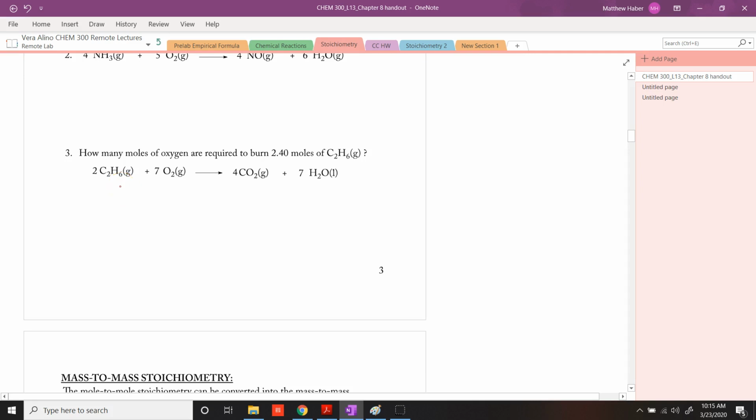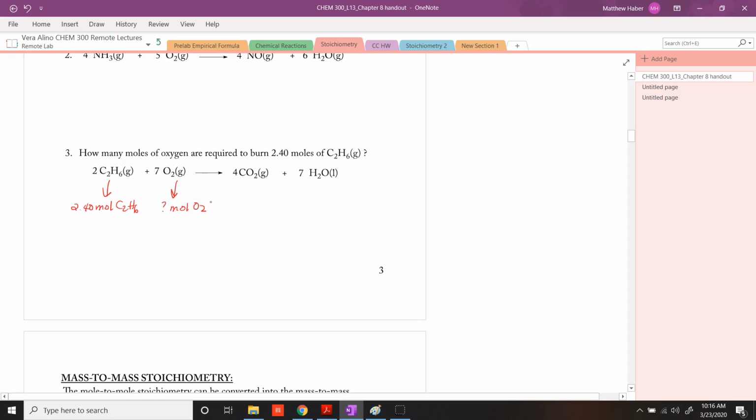It will form carbon dioxide and water. So the question states, how many moles of oxygen are required in order to burn 2.4 moles of the fuel? So you have the amount of fuel in moles, that's 2.4 moles. And you're asked to find the amount of oxygen needed to burn the fuel.